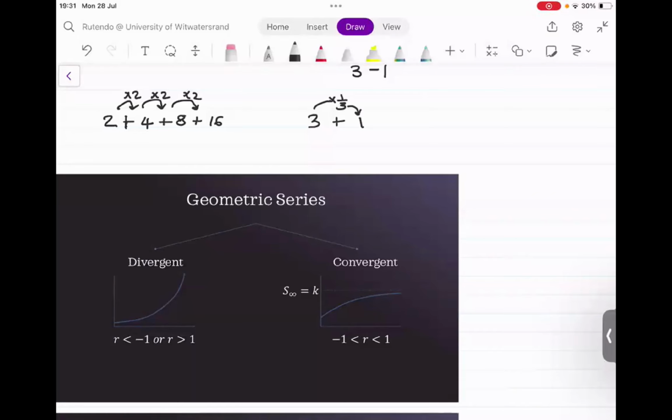And what if I multiply 1 by 1/3? I get 1/3. And if I multiply 1/3 by 1/3, I get 1/9. And if I multiply 1/9 by 1/3, I get 1/27. And I can keep going.